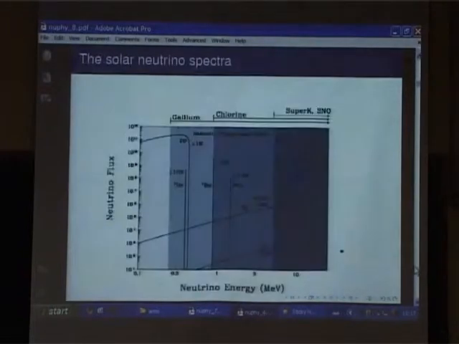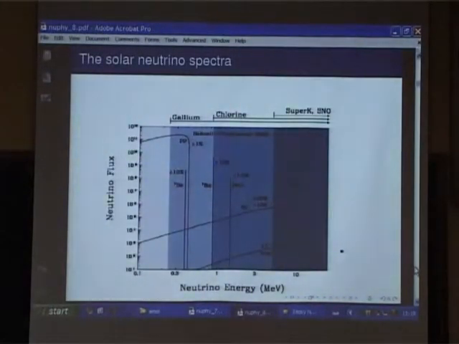So let's look at the solar data. We had this flux of neutrinos as a function of energy: pp neutrinos, beryllium, boron, and so on. Gallium experiments went from about 0.2 MeV onwards. Chlorine experiments went from about 1 MeV onwards.